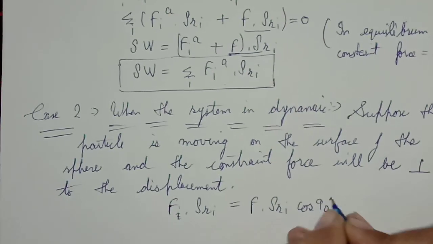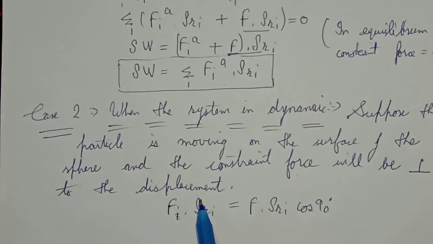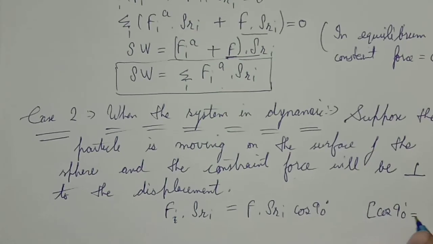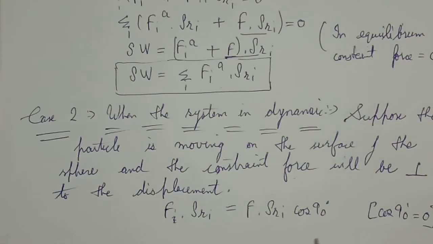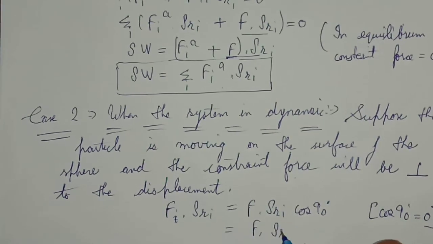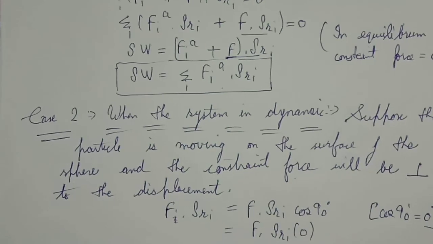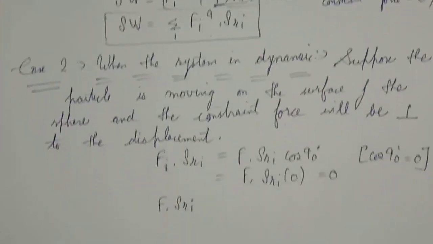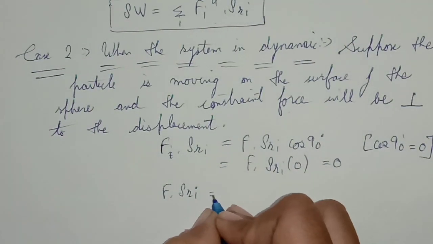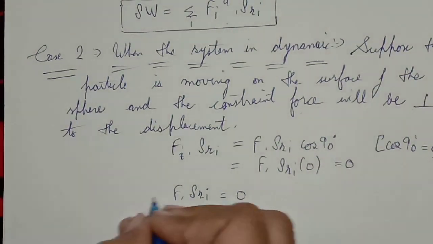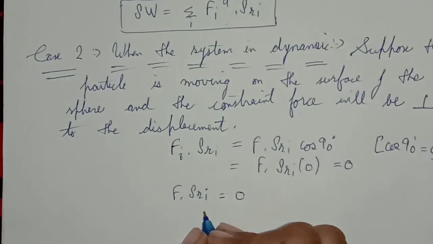Why cos 90 degrees? Because the constraint force is perpendicular to its displacement. So we know cos 90 degrees is equal to 0. So putting the value of cos 90 here, we get F dot delta Ri times 0, which is equal to 0. So constraint force into virtual displacement equals 0.